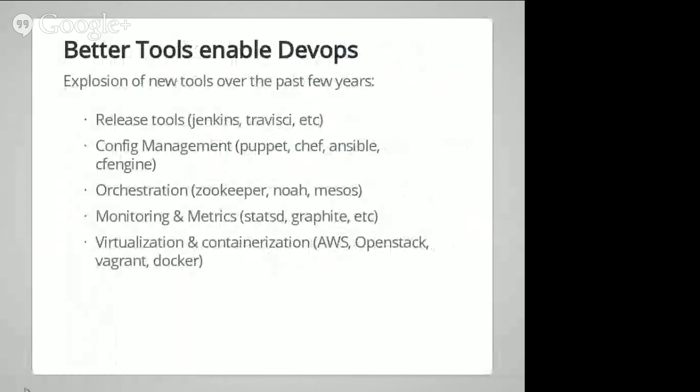At the same time, up until the mid-2000s, there really were not a lot of tools to do things in an agile way in ops. We had a couple of configuration management tools, but they had very specific uses and they couldn't adapt. Over the last several years, things have just grown. Some of these I haven't even looked into myself, but there's a lot of release tools.